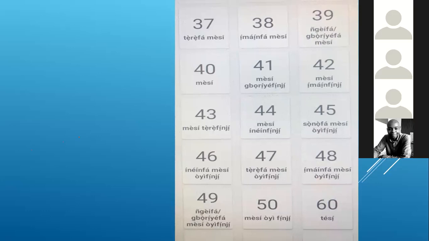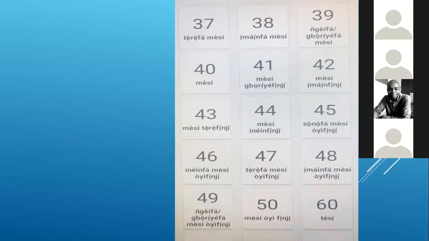Inefa Messi Oyi Finji. One more time. 47. 48. Imaifa Messi Oyi Finji. One more time.